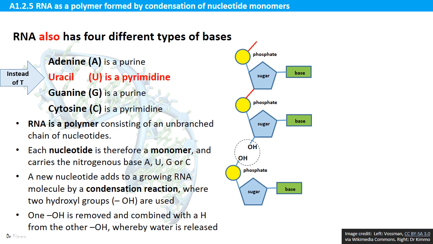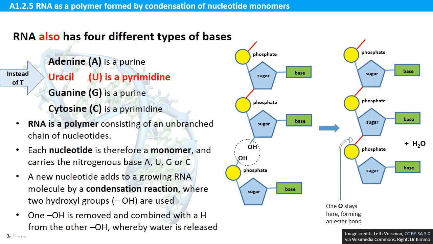A new nucleotide adds to a growing RNA molecule by a condensation reaction, where 2 hydroxyl groups are used. One hydroxyl group is removed and combined with a hydrogen from another hydroxyl group, whereby water is released. And that's why it's called a condensation reaction.